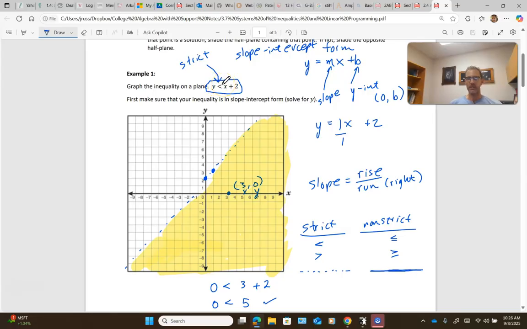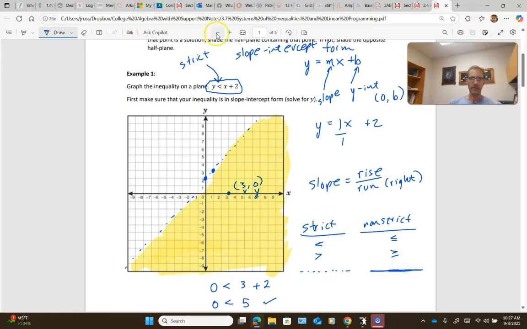So we only use the solid line to include the points that are on the line when we have a non-strict inequality, if it has that equality component. Otherwise, we use the strict, the dashed line. So this is just showing us that any point in this region that I've shaded would be a solution, would make this inequality true. And any point on the line or above would make it false, would give us a false statement.